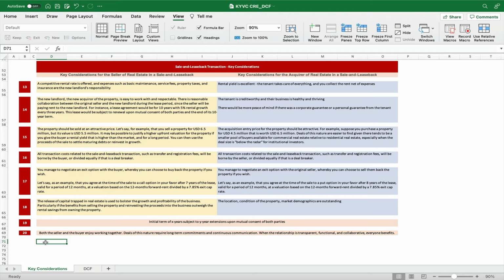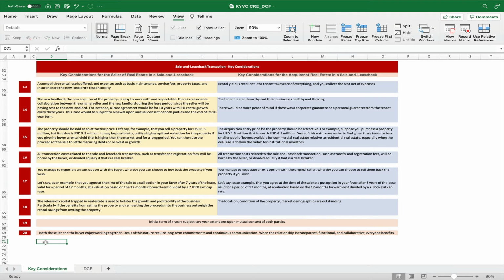The next point is, if you are selling your real estate in a sale and leaseback deal, you want to make sure that you sell it at an attractive price, because that would give you the opportunity to use all the proceeds from the sale for their intended purpose. Let's say, for example, that you sell a property for $6.5 million, but its value is 5.5. You may be able to justify a higher valuation, that's 6.5 million, if you give the buyer a higher yield than what the market is paying, and for a long period.